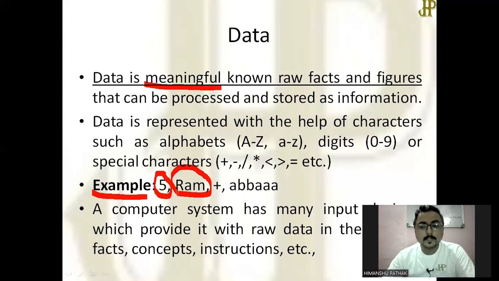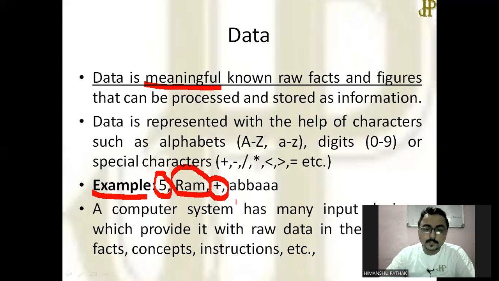So again, it is understandable that Ram is data. Now here, plus: again, we know that it is an arithmetic operation, addition. So again, it is very well known to us that it is data.